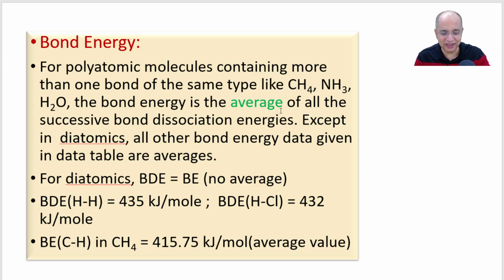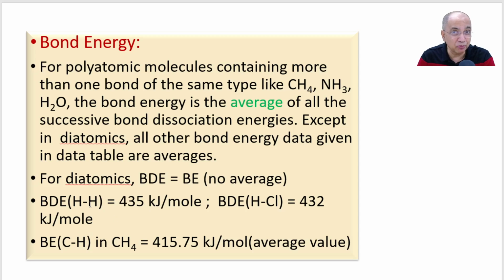But as a beginner in chemical bonding, I would not like to drag you more into the organic area, right? For diatomic molecules, as we call them, N2, O2, H2, HCl, HBr, with only two atoms, there is no average. The bond dissociation energy is the same as bond energy.